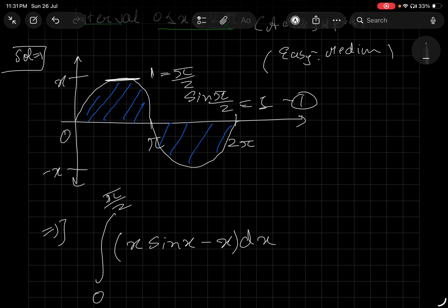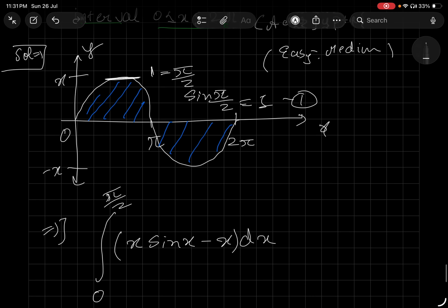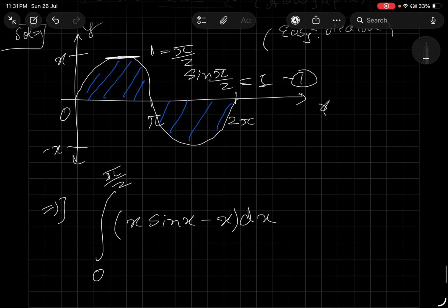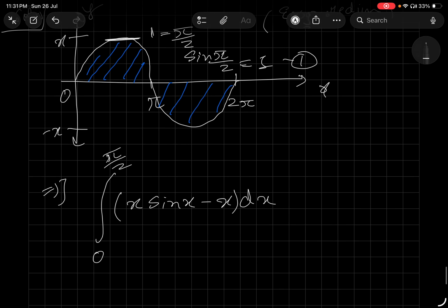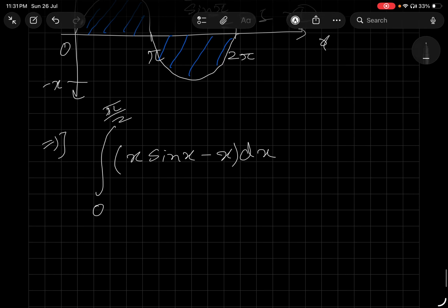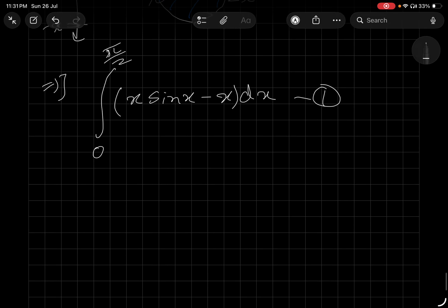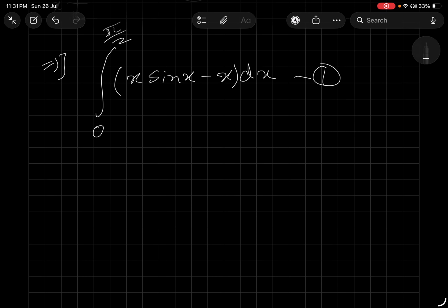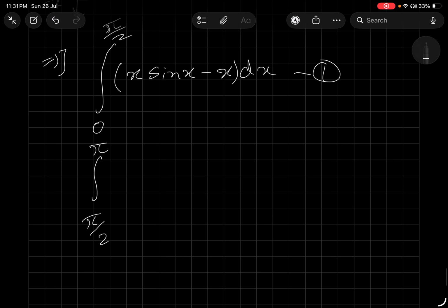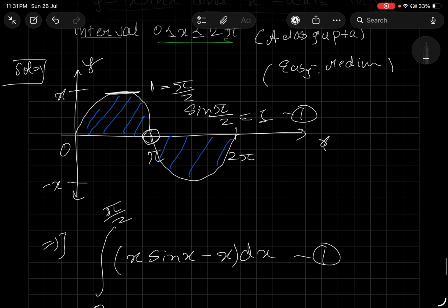The upper curve is sin x, the lower curve is the x-axis, and this is the y-axis. So the first one is this, and after that we switch to the second, integration from pi by 2 to pi, because the critical points are the points where we break our limits.